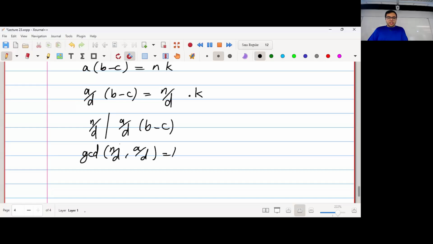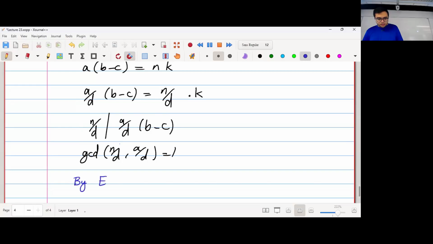So now I can apply Euclid's lemma, because look, I have a number here which divides the product of two other numbers. And its GCD with one of them is 1. So it has to divide the second one. So I just apply Euclid's lemma at this point.